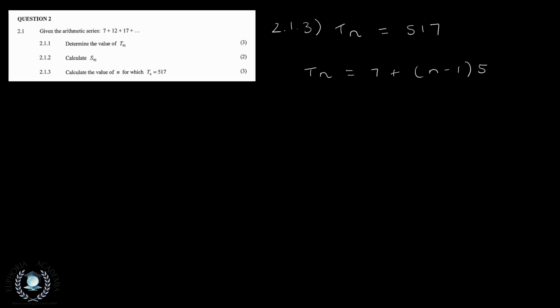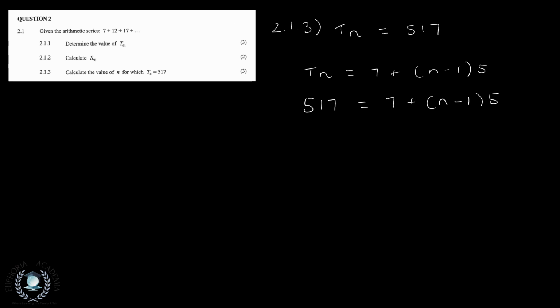Now this essentially means that our answer is 517, but we don't know what term number it is. So let's substitute: all of that is equal to 517, 7 plus, we do not know our n, minus 1. And let's just do some algebra.